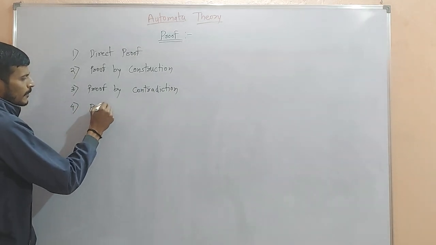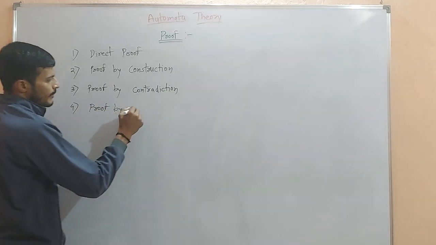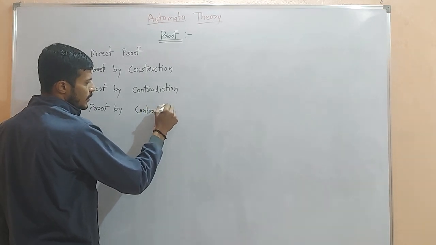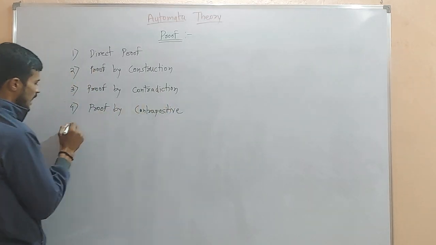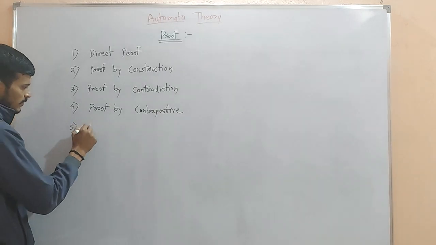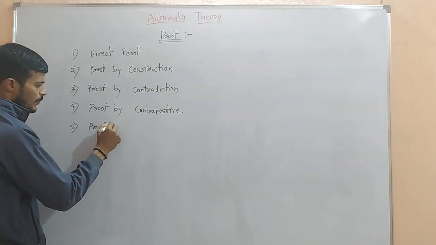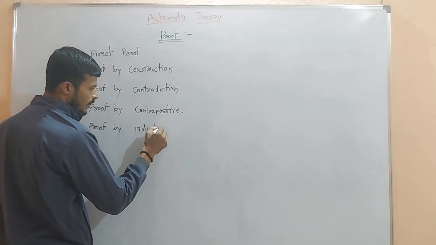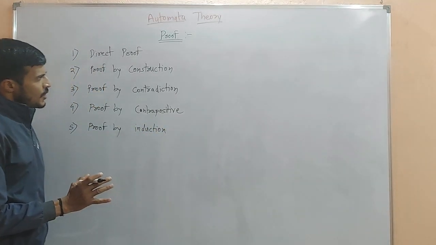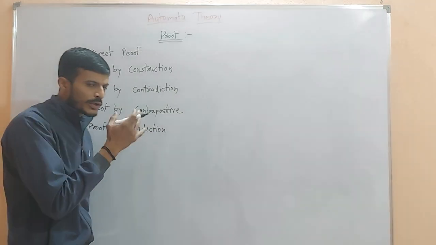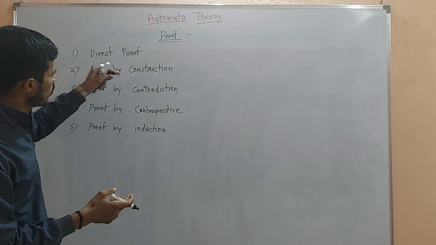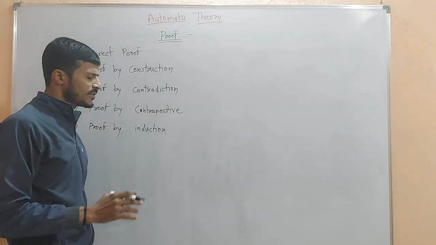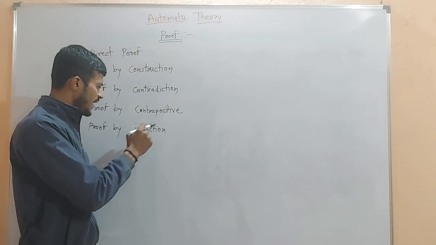Then proof by contrapositive. And the last one, proof by induction. Okay, so one by one we are going to take examples with respect to construction, contradiction, contrapositive and induction.